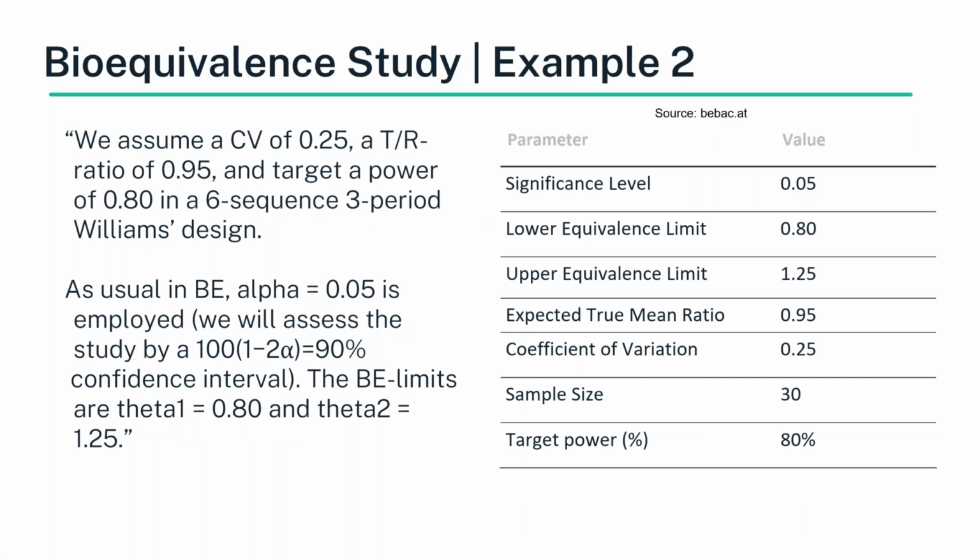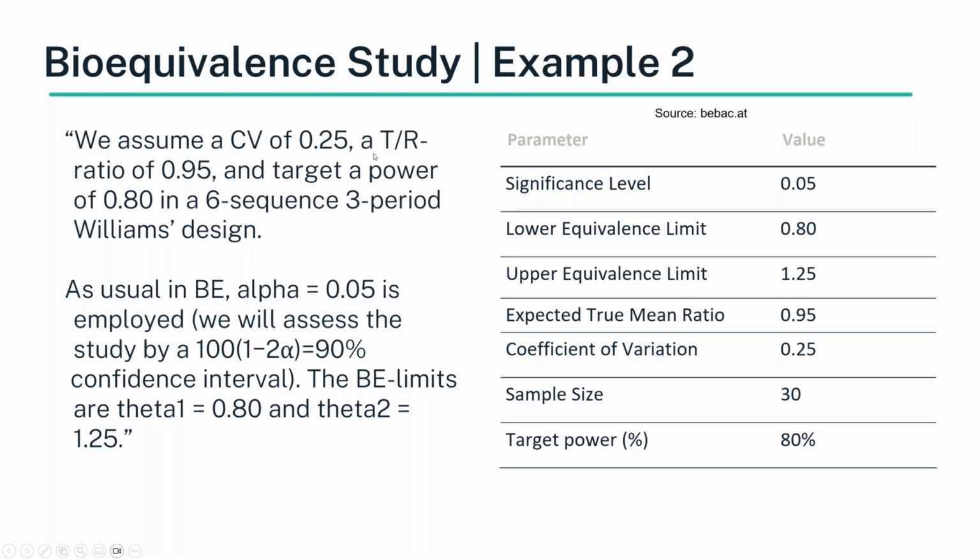And so this is just a toy example using data from the BBAC website, which is a really great resource for bioequivalence and crossover designs. It's included in the reference at the end of the slides. What they've done here is they've set up a 3 treatment, 6 sequence, 3 period Williams design.